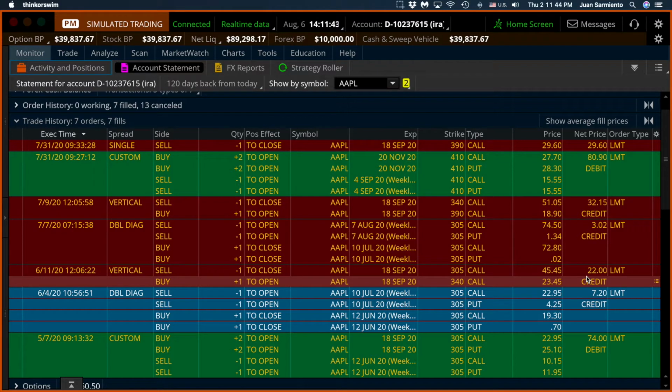This is called a roll up, meaning I'm taking one of my outstanding calls. Remember, if we have 2 long calls and 1 short call, then we have 1 outstanding long call, meaning I have 1 more long call as opposed to the short calls.